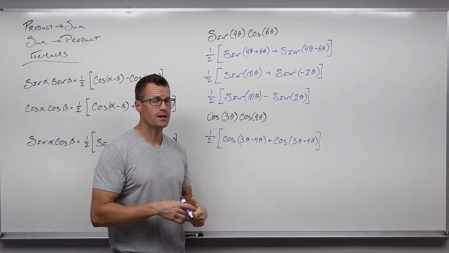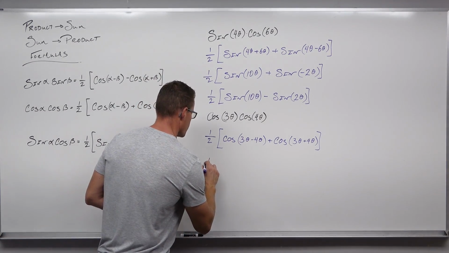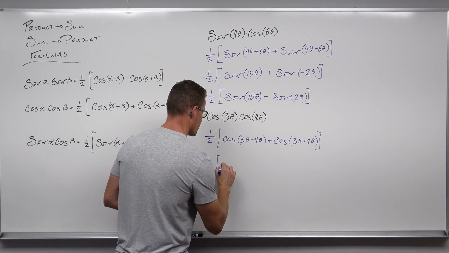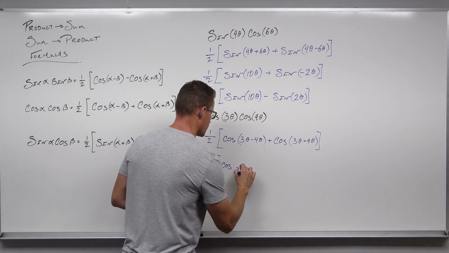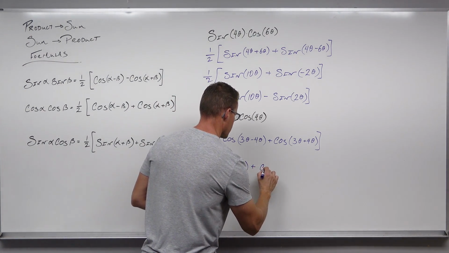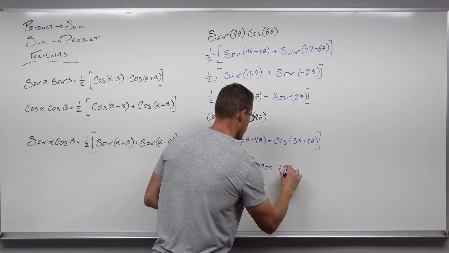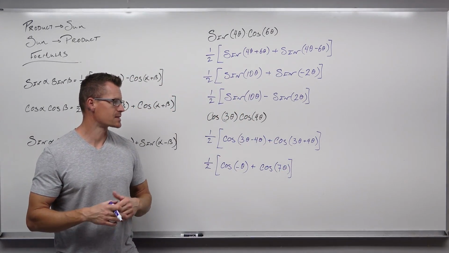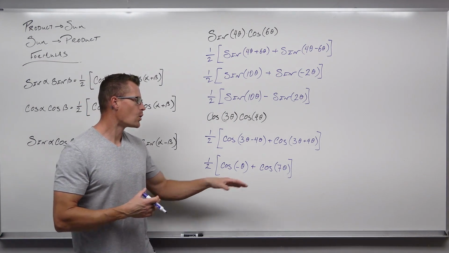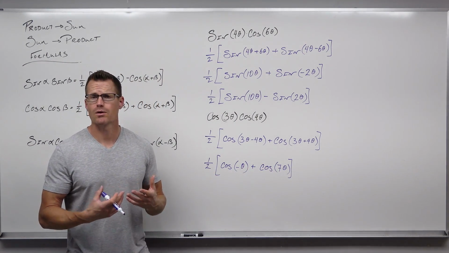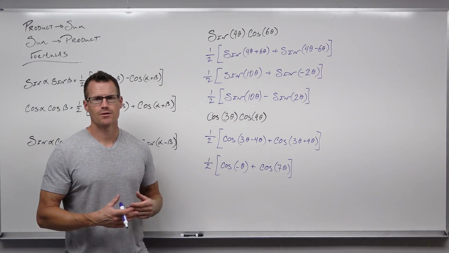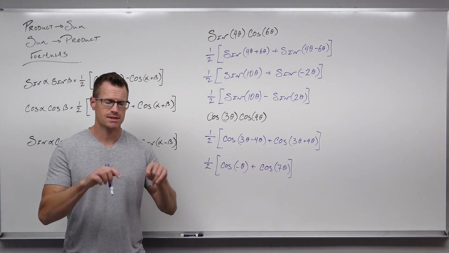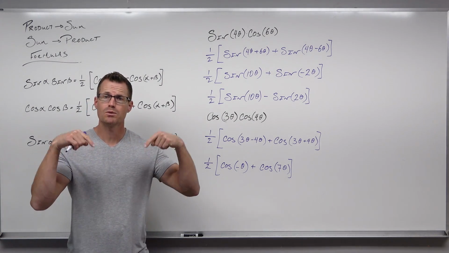3 theta minus 4 theta is negative theta. At the same time, 3 theta plus 4 theta is 7 theta. Now, there's not a whole lot we can do with the 7 theta. We don't even know that angle, but we can use the fact that cosine is even to say opposite inputs give you equal outputs.